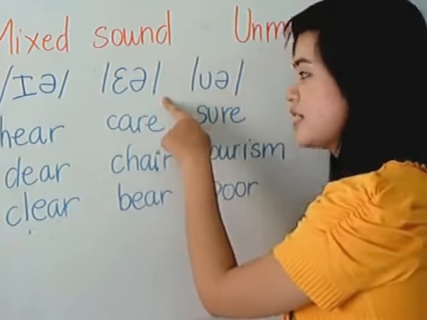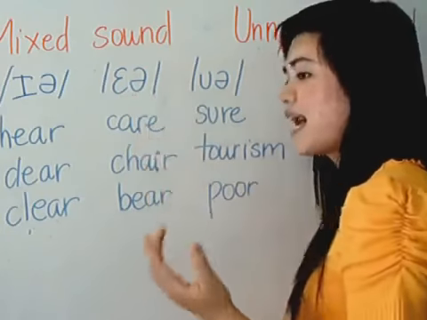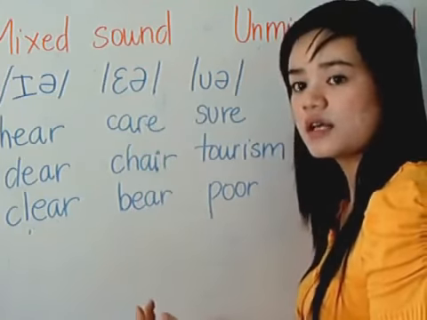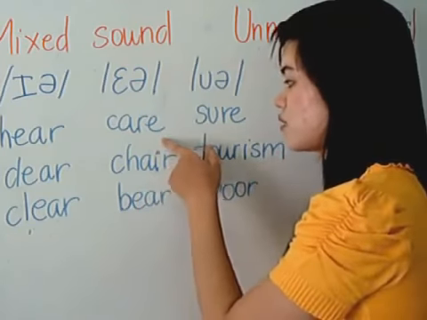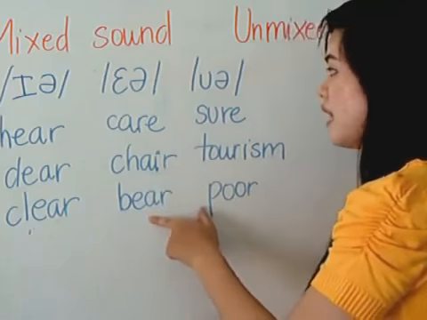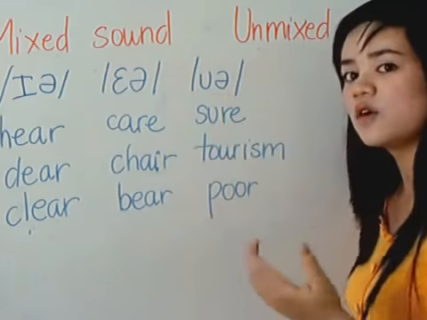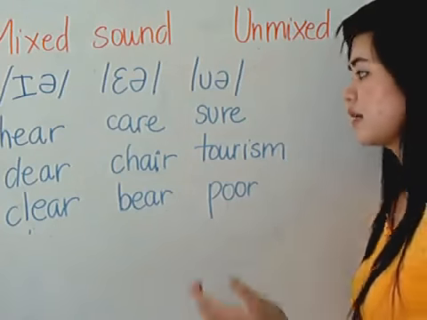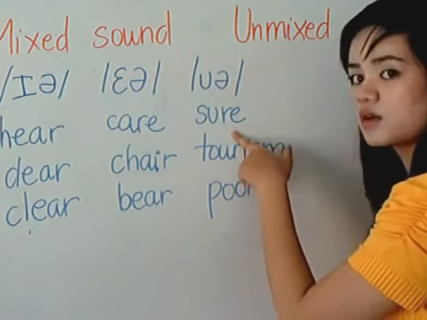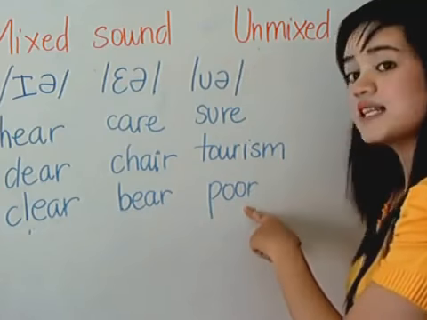This one is similar. You say air, air in the word care, chair, and bear. The last one, you say or in the word sure, tourism, and poor.